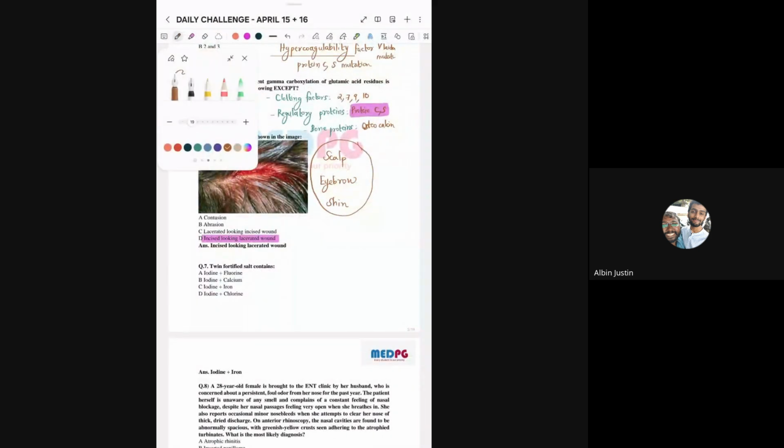What is the mechanism of injury here? There is a blunt force over a bony area.